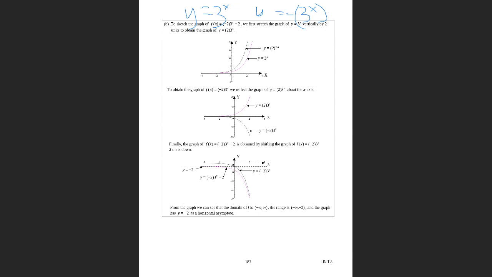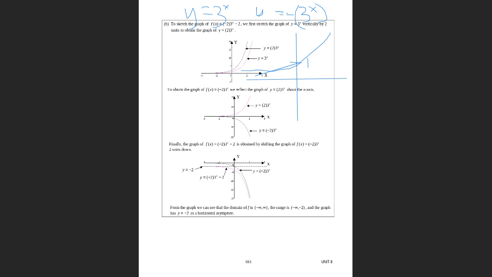So in that case, your graph is going to reflect. The original graph will be like this, where you have this intercept to be 1. So 3 exponent x is going to be like this, an increasing function.